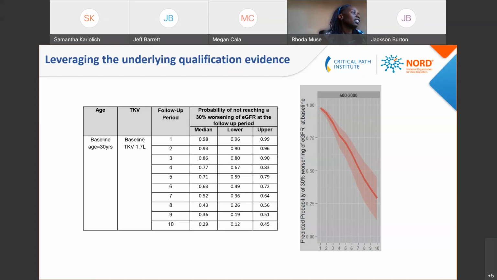For a typical clinical trial of 3 years, for example, such a patient will have about an 86% chance of not arriving at a 30% decline from baseline. The graph on the right-hand side just shows the plot of what we would expect.